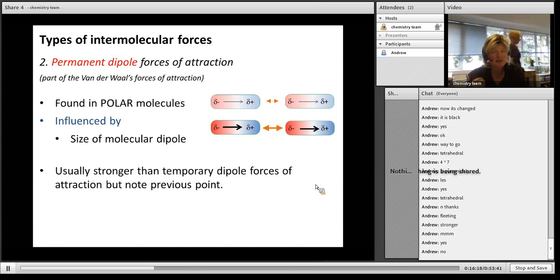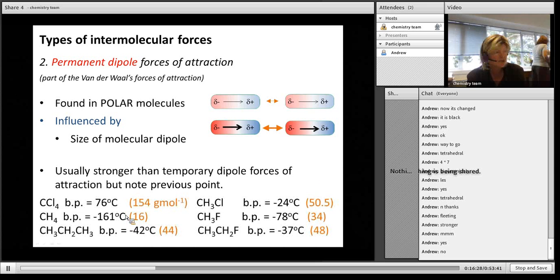If you have heavy, big molecules, lots of electrons, you can get surprisingly strong intermolecular forces of the temporary type. So what I'm trying to show here, CCl4, is that a polar molecule or a non-polar molecule?